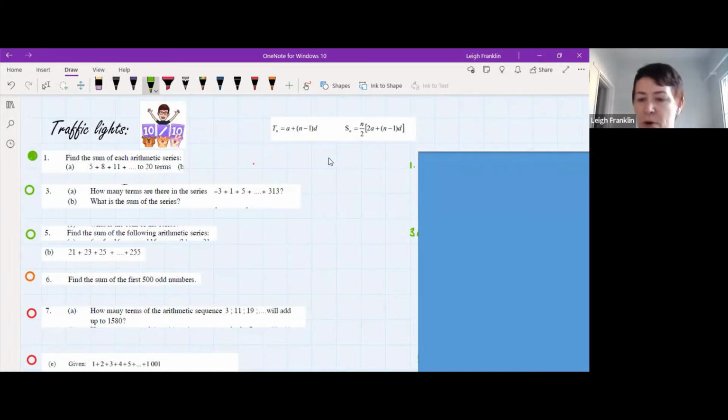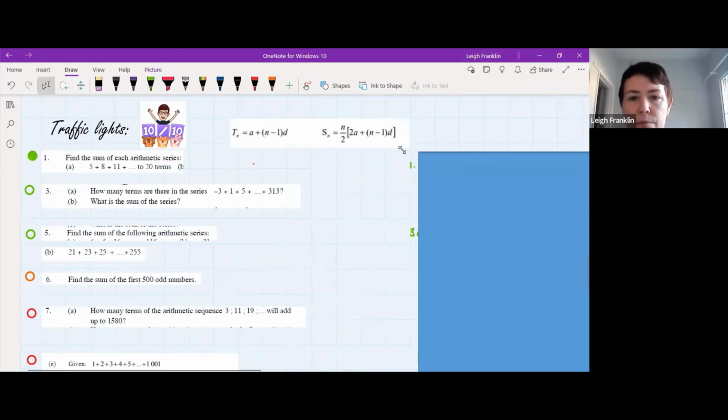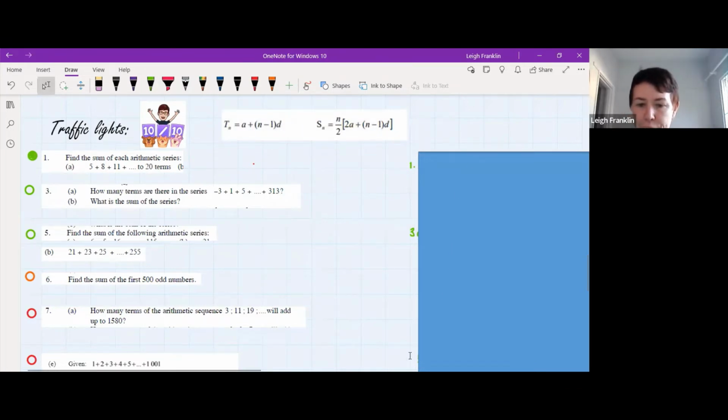So at 14 minutes past 5, we'll mark it. And you can see here, I've put the formulae for you. If there are any questions or anything you don't understand, please ask either Katlego or myself.